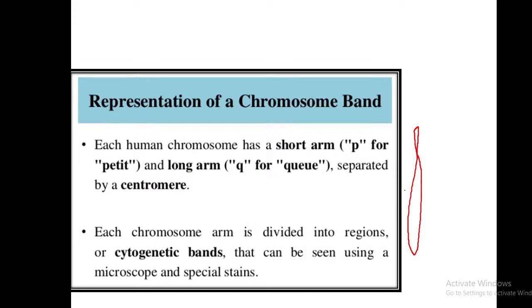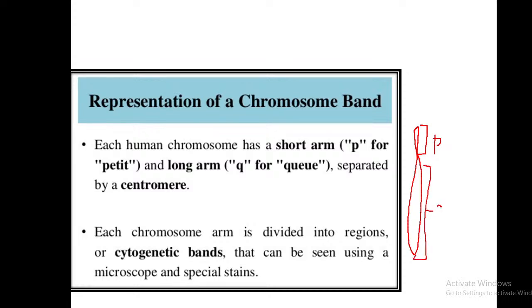The short arm is usually represented as P. P means petit. It is small, and the long arm is represented as Q.